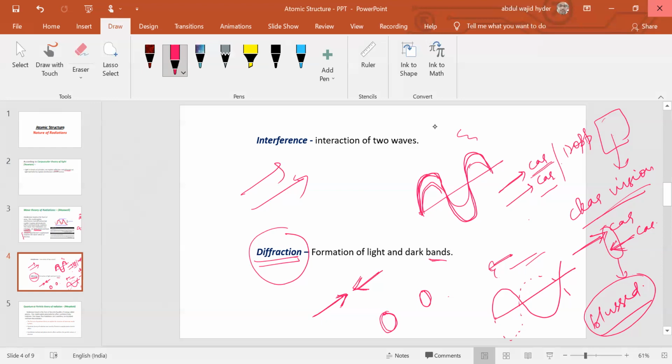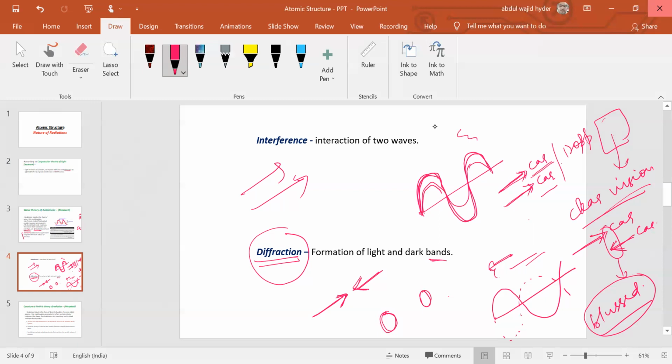Okay, sir. If two waves are moving in the same direction, is that the Doppler effect? If two trains are moving in the same direction, and if two trains are moving in the opposite direction, approaching towards each other, then the frequency of sound increases.